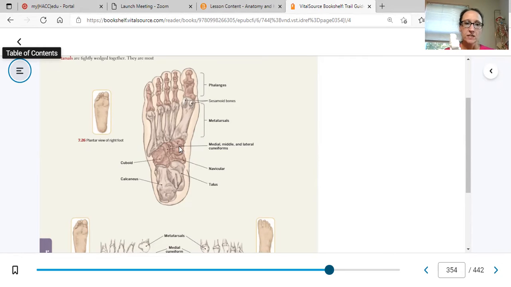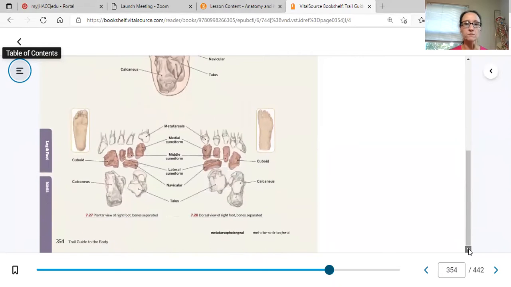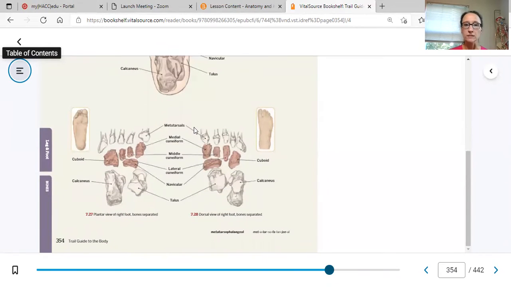We also have the cuneiforms. Those are these three right across here. 1, 2, 3. Those are the cuneiforms, the medial, middle, and lateral cuneiform. So those are all the tarsals. If we pull them apart, they're easier to see. So we have the cuboid.